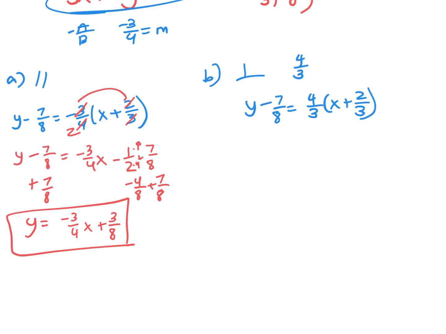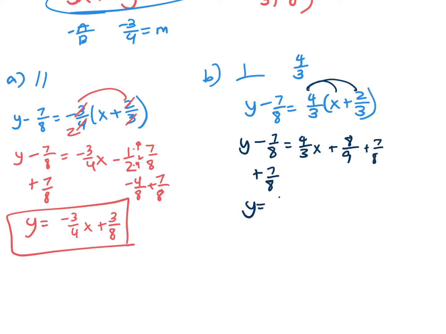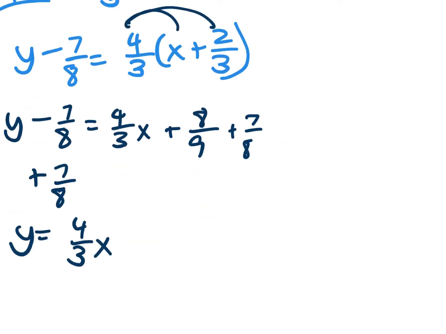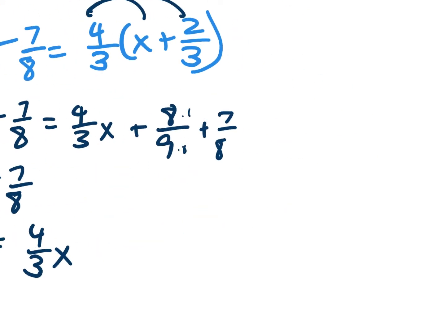And then the other side, distribute. And then add the 7/8. So this is going to multiply by 8 and 8, and then 9 and 9. So 64 over 72 plus 63 over 72. 127, yep.